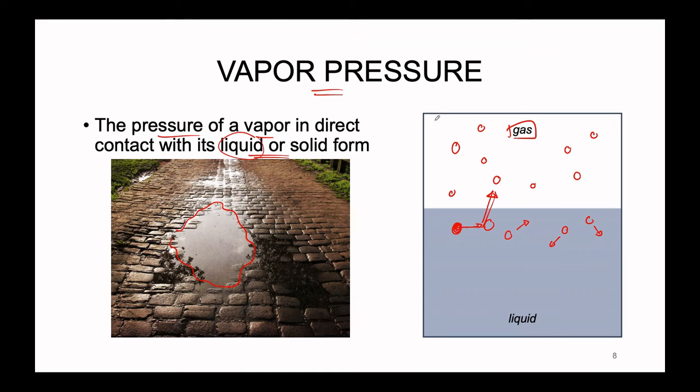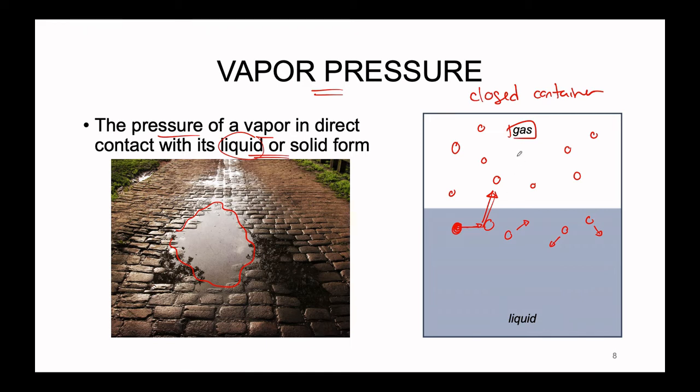Now, in a closed container, like what we have illustrated here on the right, there will eventually be some type of equilibrium that is reached. You will not see an indefinite amount of evaporation, right? If that were the case, then no matter whether we had closed bottles or open bottles, our beverages would slowly evaporate. We don't see that.